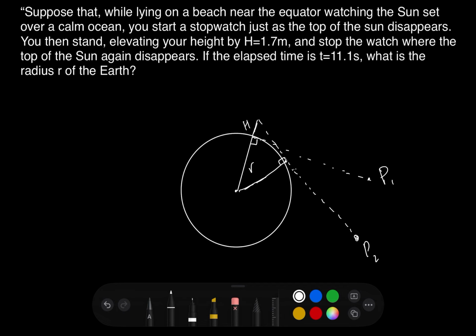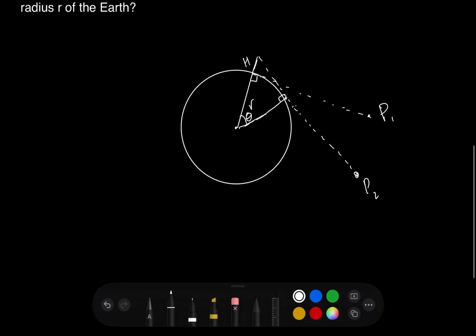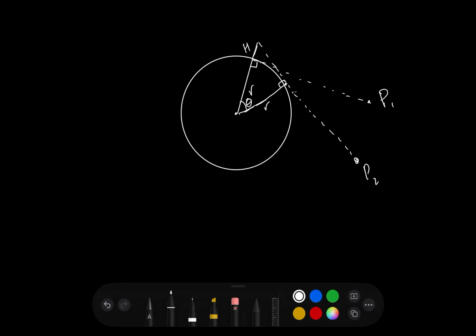And so using that, we can obtain our first critical piece of information, which is that if we call this angle theta, and this is r, because this is a right angle triangle, the one I'm highlighting in red, we can write that theta is equal to the arc cosine of r over r plus h, because if we look at theta here, this is the adjacent and this is the hypotenuse because it's opposite to the right angle.